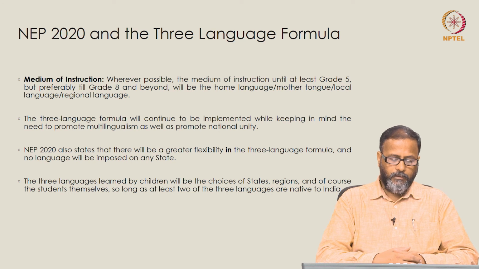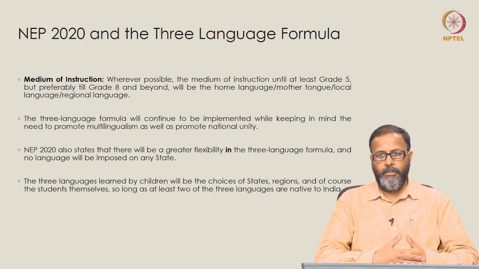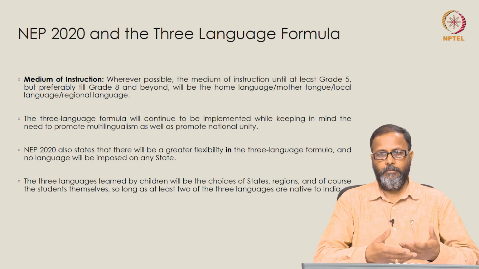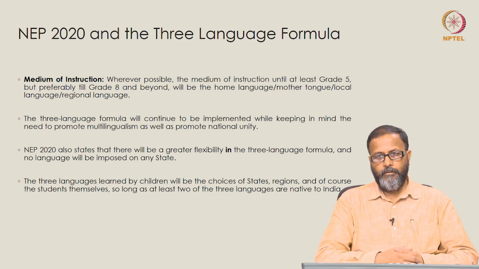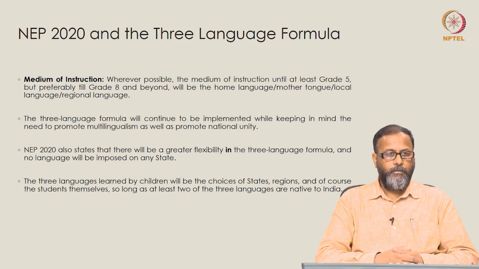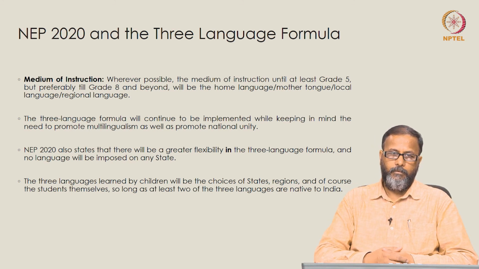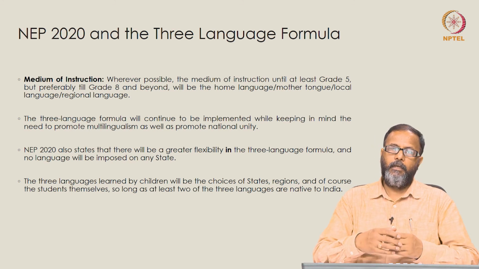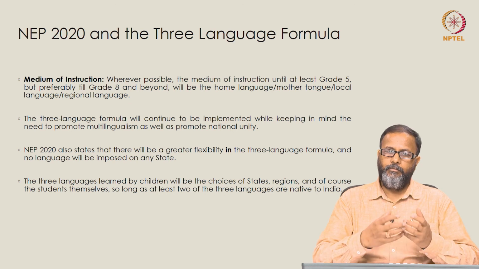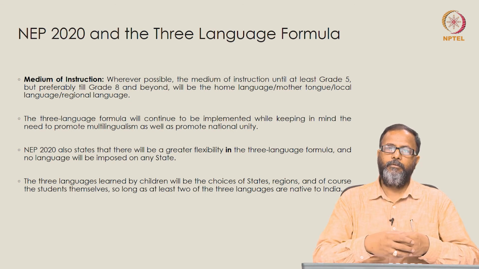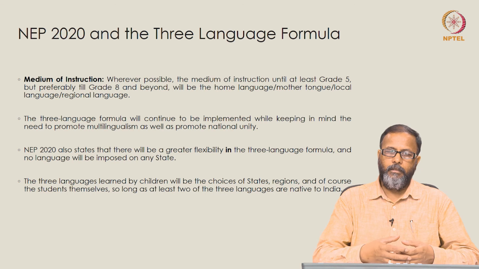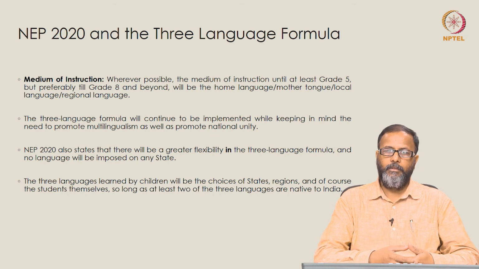The three languages learned by children will be the choices of states, because education is a state subject, regions, and of course the students themselves, so long as at least two languages out of the three are native to India, and still it allows the third language to be English.